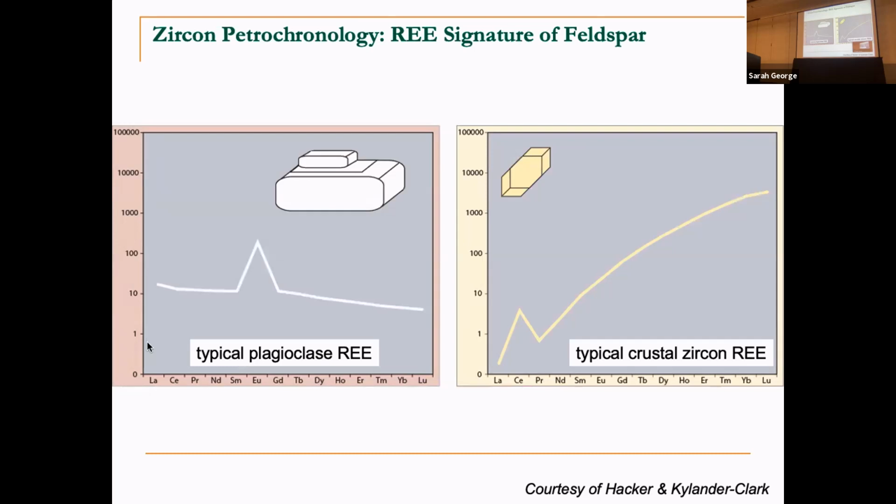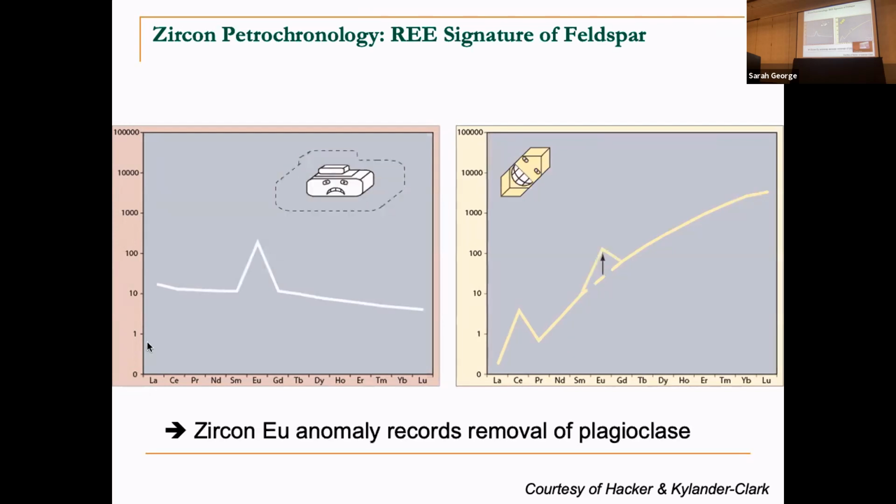Plagioclase typically has a really positive europium anomaly. If we start breaking down plagioclase, growing zircon, we would expect to see kind of a positive europium anomaly. So knowing something about other phases that could exist at the same time, that could grow at the same time, is going to be really helpful in interpreting trace element data.